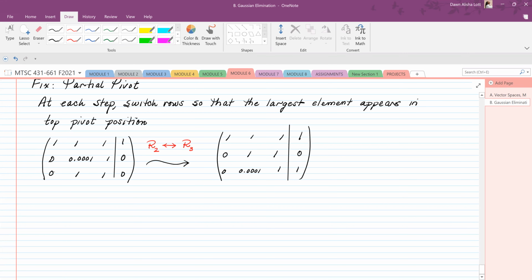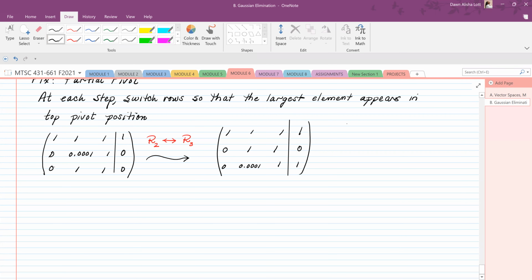And then when you get to the last one, you get 1, 1, 1 at the top. You get 0, 1, 1, and then you get 0, 0, 0.9999. And then my right-hand side is 101.